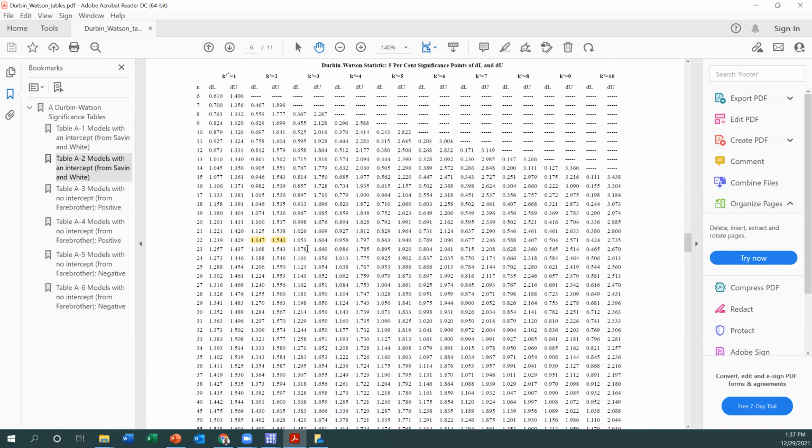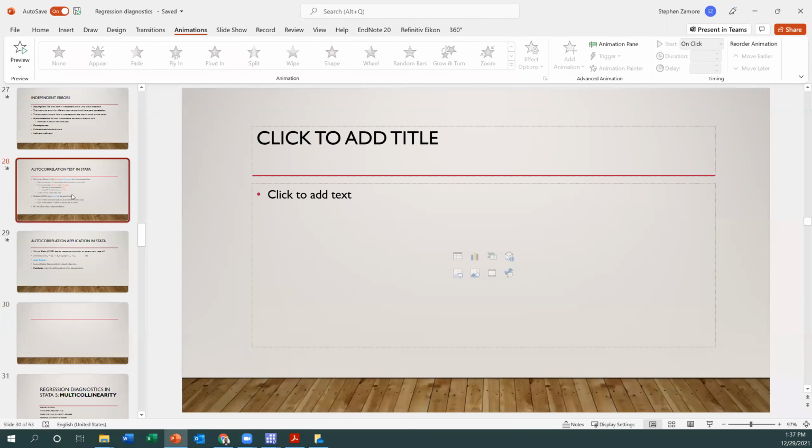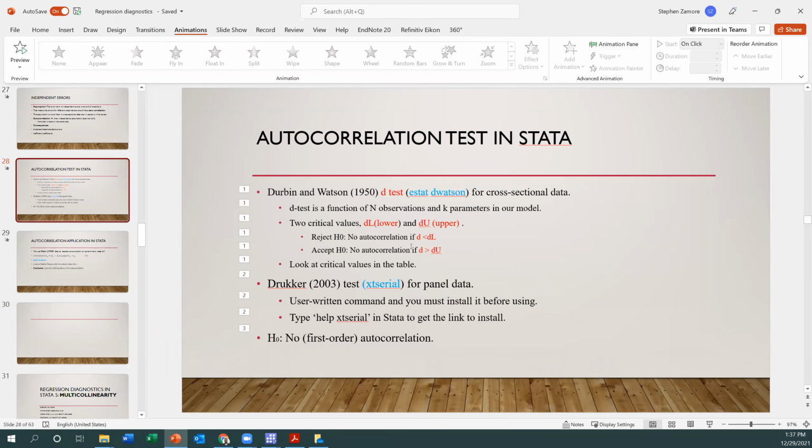And if we go back to the slide, we say that if d is less than the lower bound, then we reject the null hypothesis of no autocorrelation. And if d is greater than the upper bound, we do not reject.